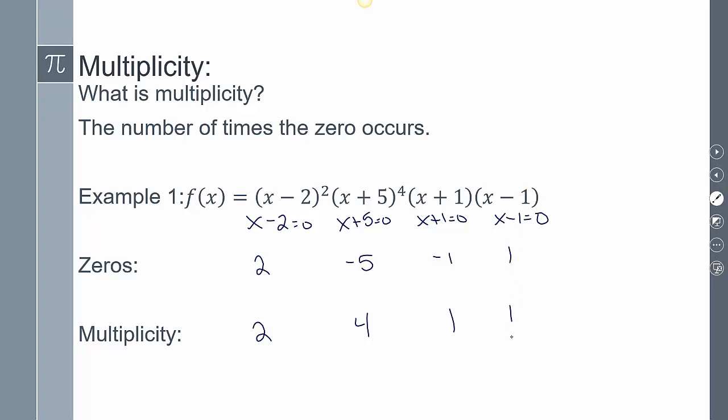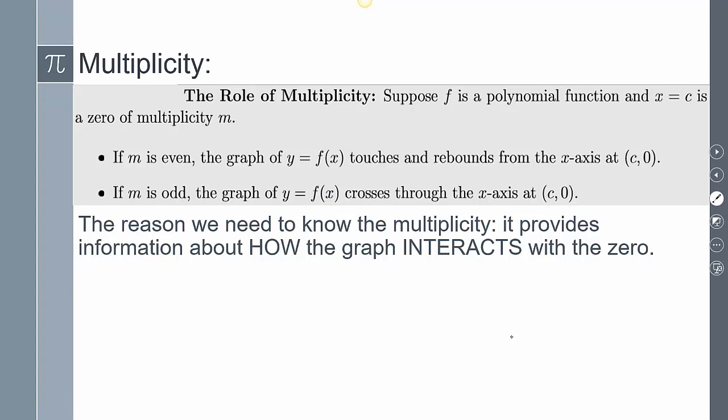So that's the multiplicity. Now we're going to ask the question, why do I need to know the multiplicity? The role of multiplicity is essentially how the graph interacts with the zeros. If I have a polynomial and I say that my 0 has a multiplicity of m, I just want to know if my multiplicity is even or if my multiplicity is odd.